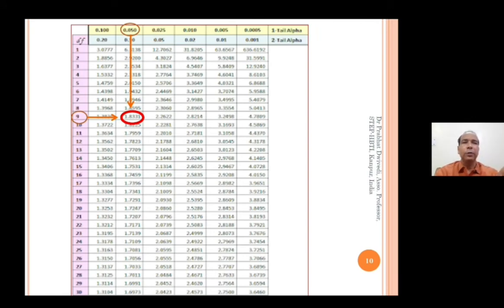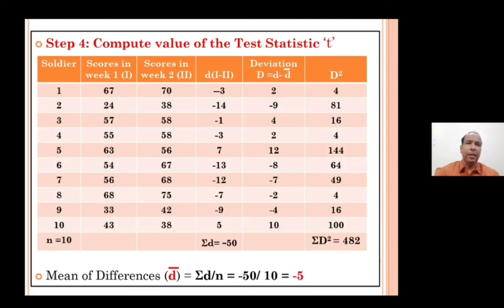Here this is what degree of freedom is, that is 9, and this is level of significance, that is 0.05 for one tail test. So here the intersection value is 1.833. So that is how we found out the value of T critical.